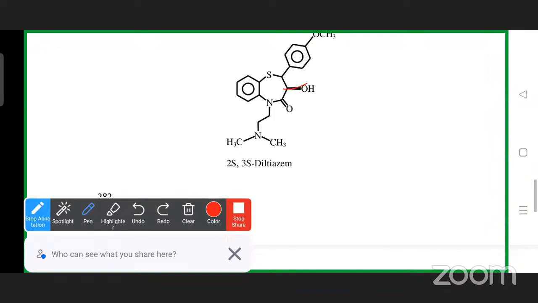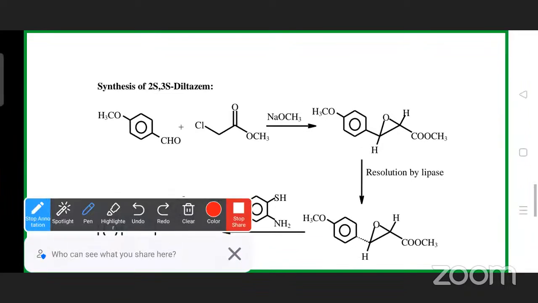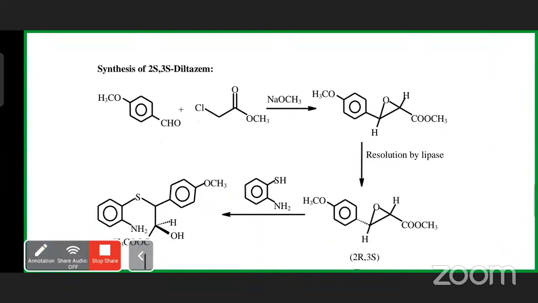Treated with ester here, in the presence of sodium methoxide base, it is going to give this intermediate compound here. After that, it forms an epoxide here.